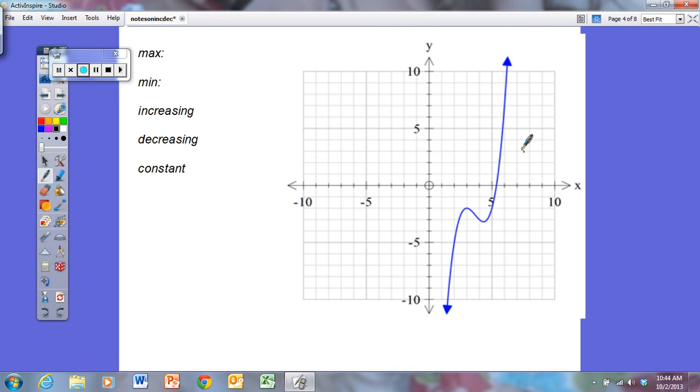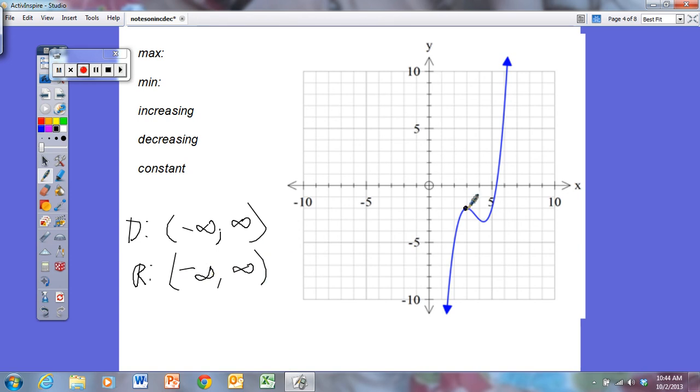There's never an asymptote, and there's never anywhere that the x isn't defined. So the domain would be all real numbers. The range, again, it's going to go all the way up and all the way down. So the range is also negative infinity to infinity.